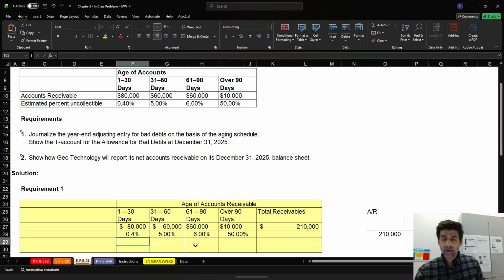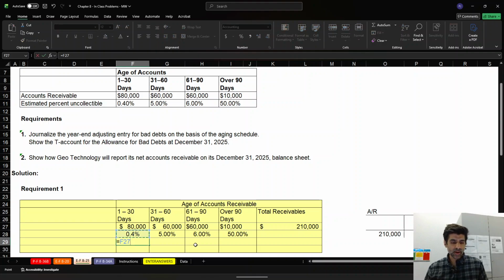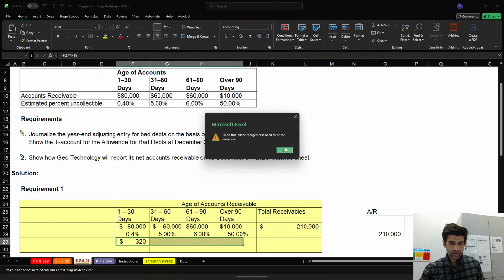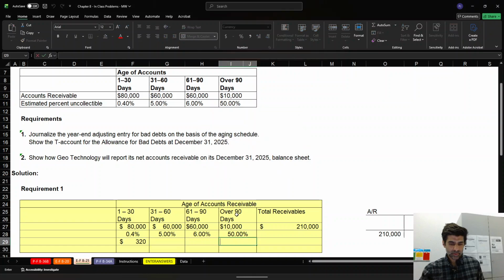Now again, using Excel, like using a calculator, you'd have to do each of these multiplications separately. But in Excel, what you can do is just equal sign, this cell times this cell. I'm using cell references. And then I can go onto the corner of this cell and just drag it rightwards. Oh man, these all merged.